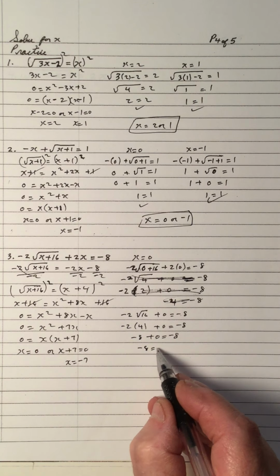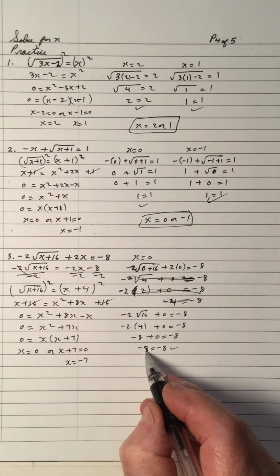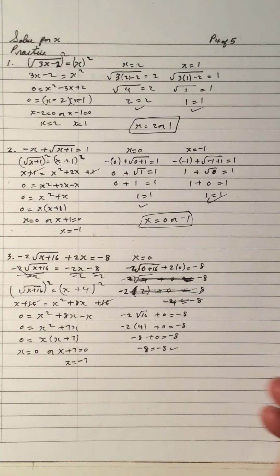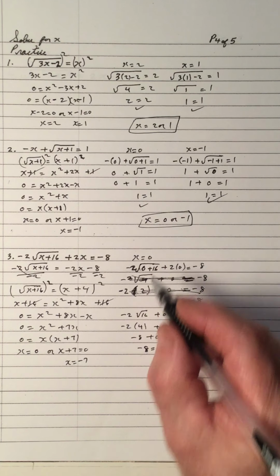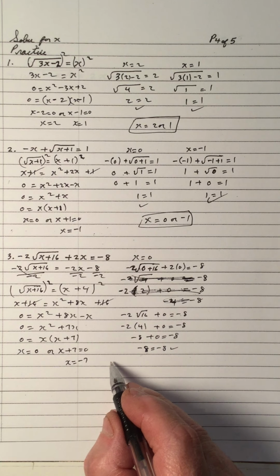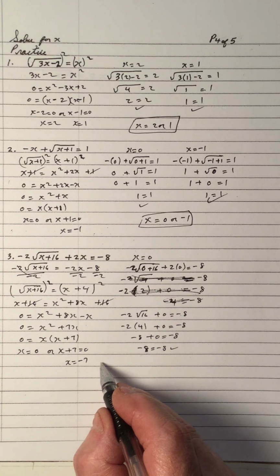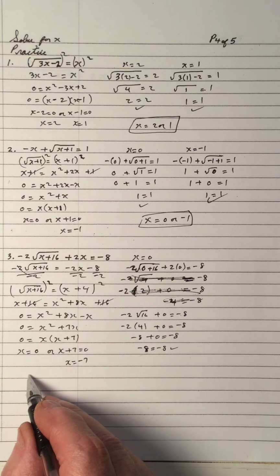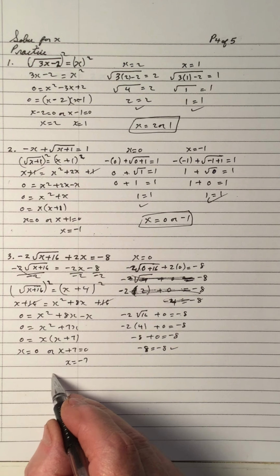Negative 8 equals negative 8. Okay. Again, got careless there. So that's why I had to do it all over. So that's okay. And what about, we got to check x equals, right here. Check x equals negative 7.